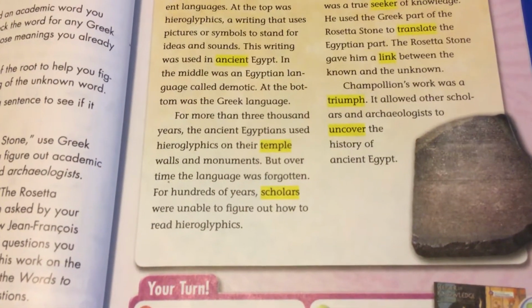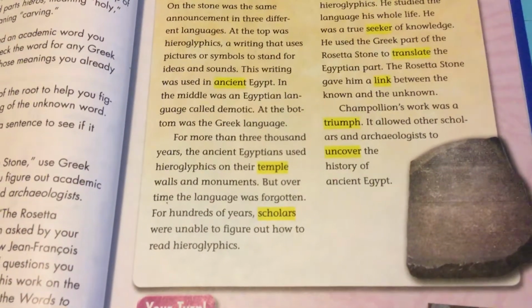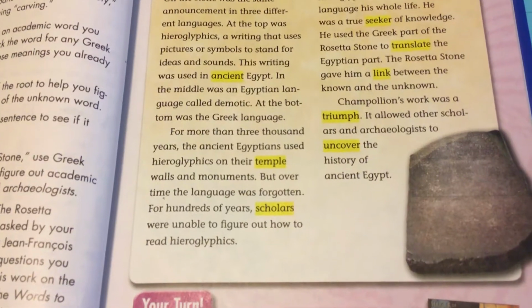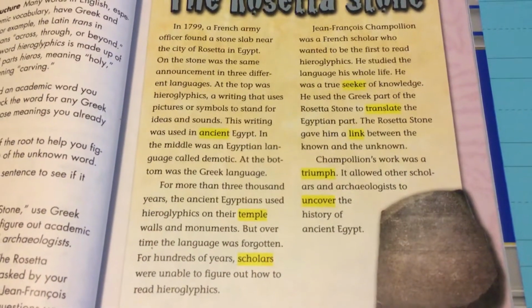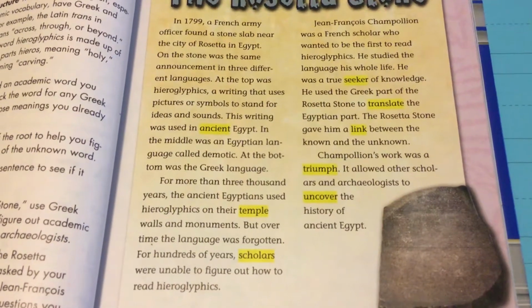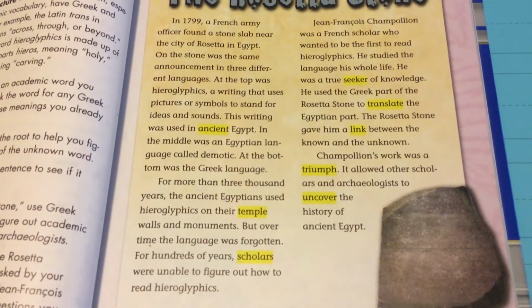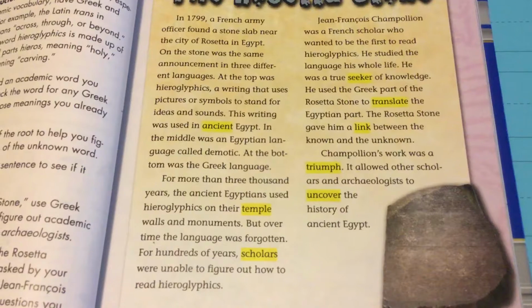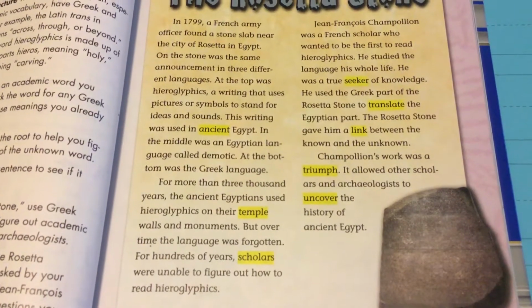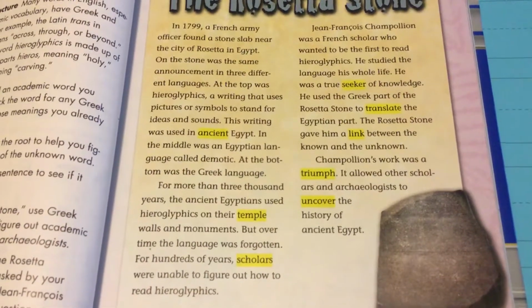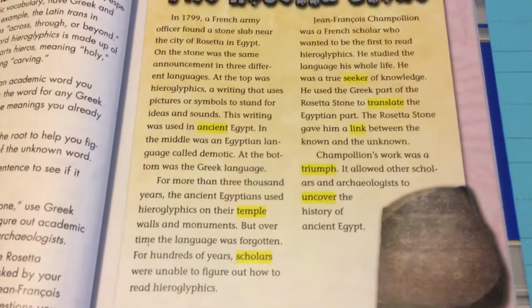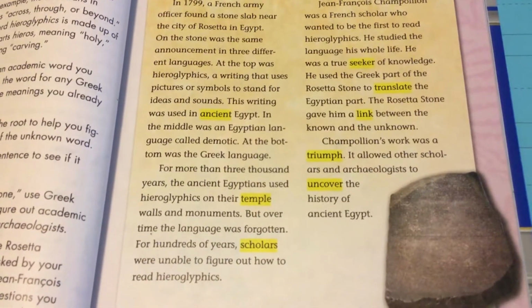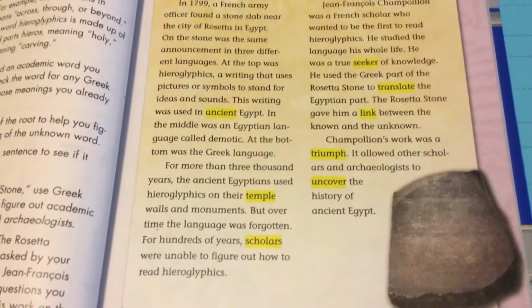For hundreds of years, scholars were unable to figure out how to read hieroglyphics. Jean-Francois Champollion, maybe Champollion, I'll look it up, was a French scholar who wanted to be the first to read hieroglyphics. He studied the language his whole life. He was a true seeker of knowledge.